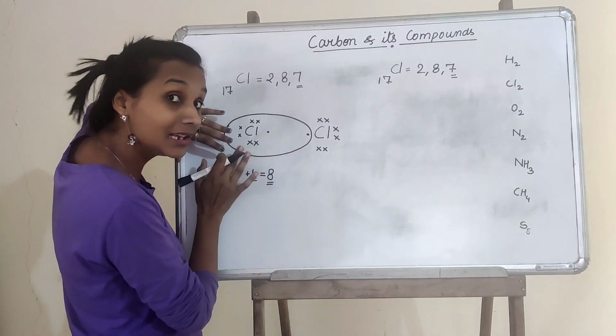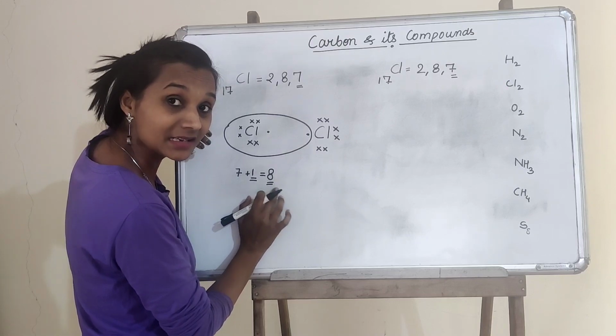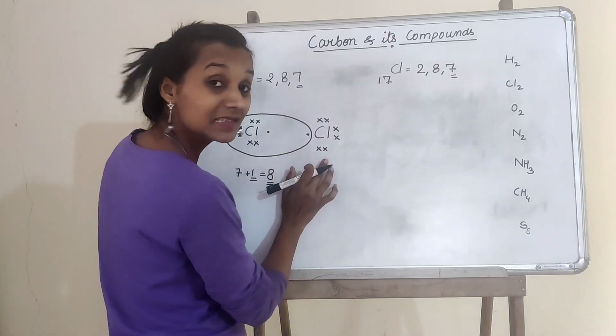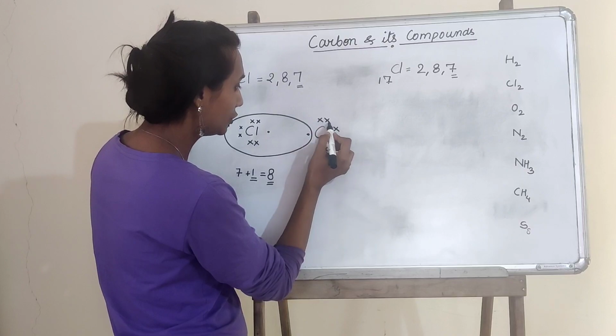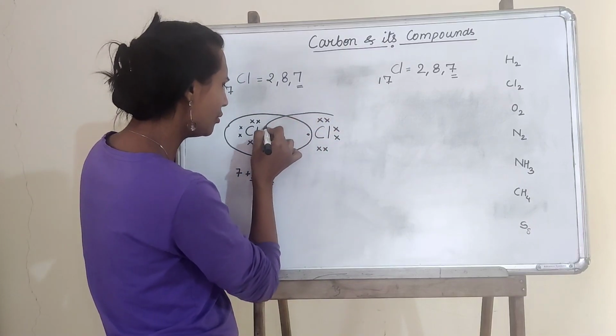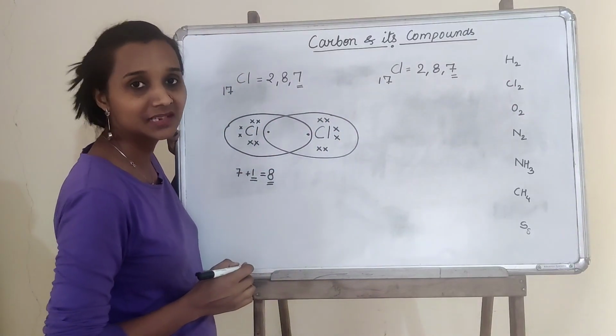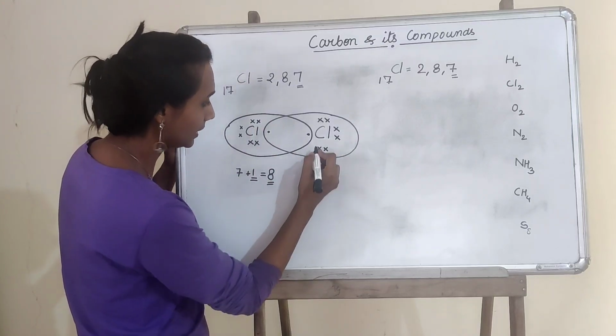So this chlorine atom has attained an octet. Now here, this chlorine has 1, 2, 3, 4, 5, 6, 7, and it requires one more electron to acquire an octet.